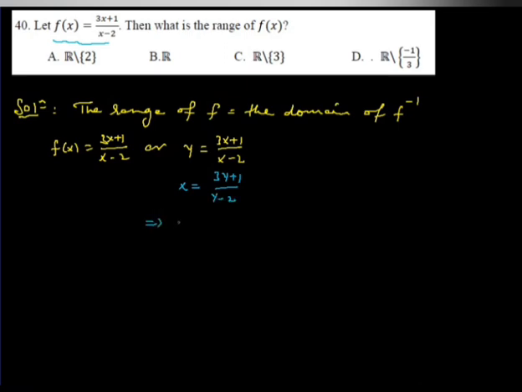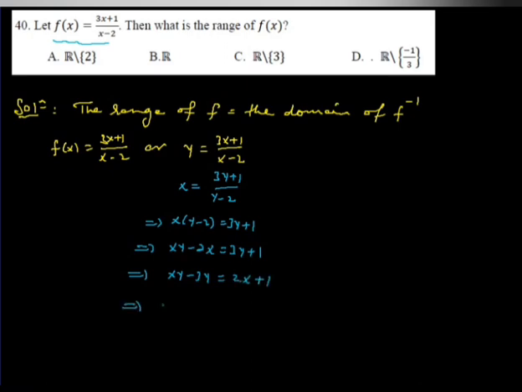This means x times (y minus 2) equals 3y plus 1. Distributing, xy minus 2x equals 3y plus 1. Collect the y's together: xy minus 3y equals 2x plus 1.